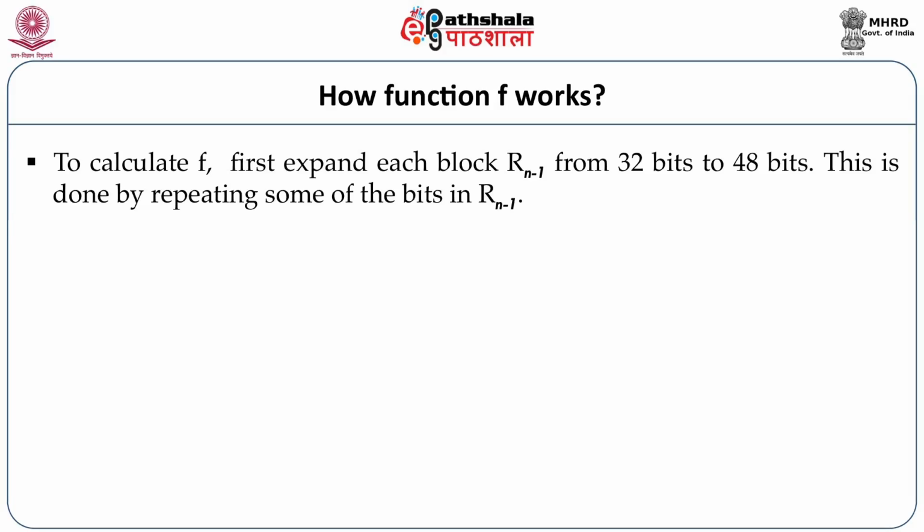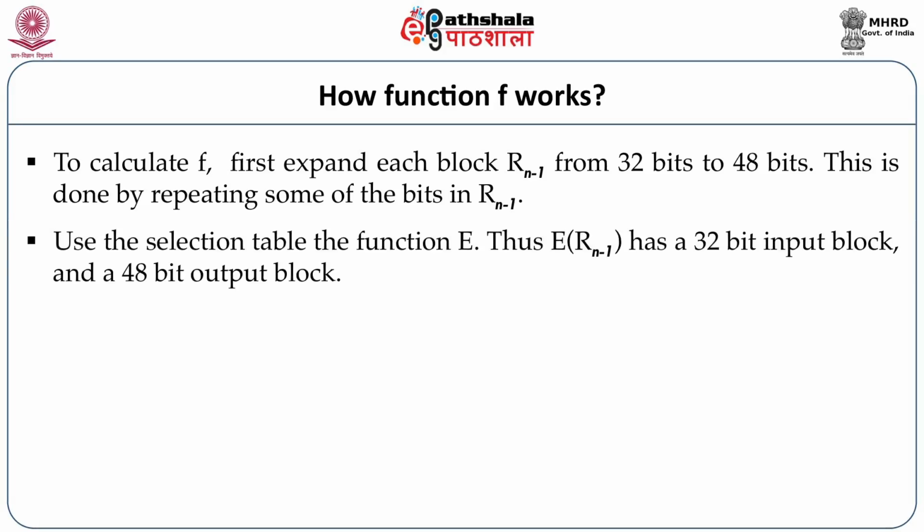So we need to expand this 32 bit right half to 48 bits. How will we do that? We repeat some bits of the right half to generate the 48 bit block. For that we are given a selection table. We will call it the expansion table, which will generate 48 bits out of 32 bits.